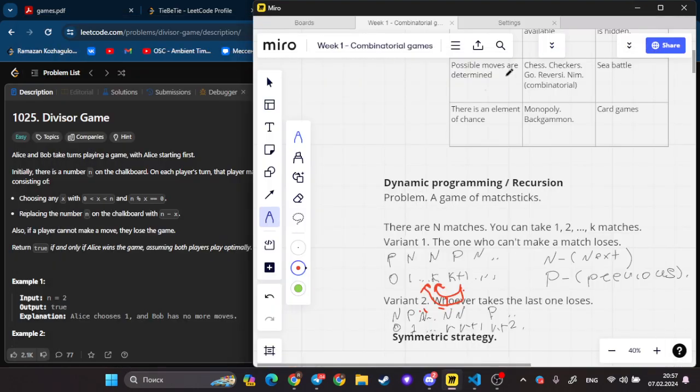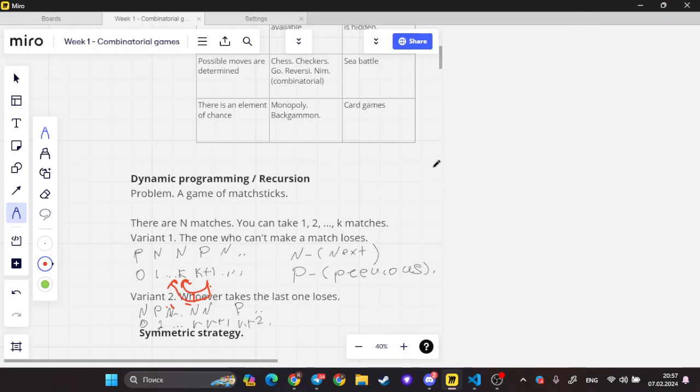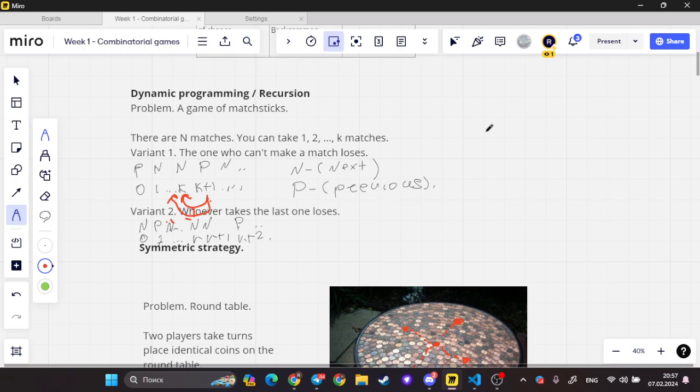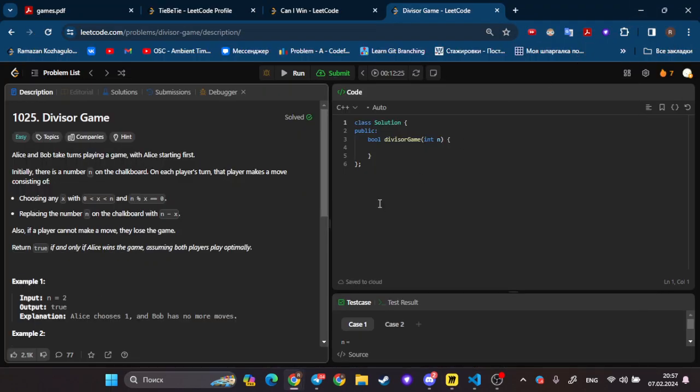No, not this. You have this type of strategy or this type of strategy. Just write it right away and look at what you got.